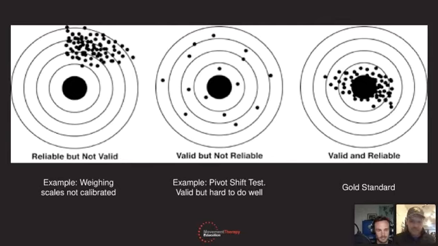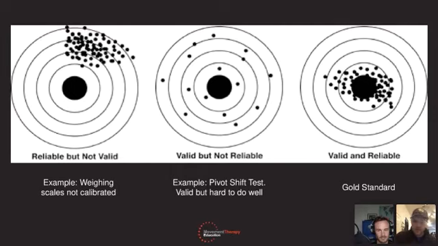Then you can have a valid test, so it does what it says it should do, but it may not be very reliable, so people get differing results. An example of that might be the pivot shift test, which is a valid test, but it's hard to do well depending on how experienced you are.